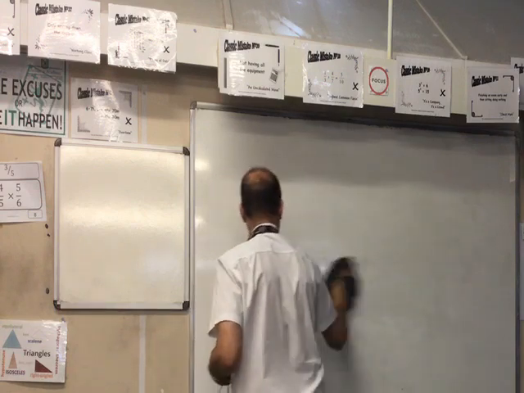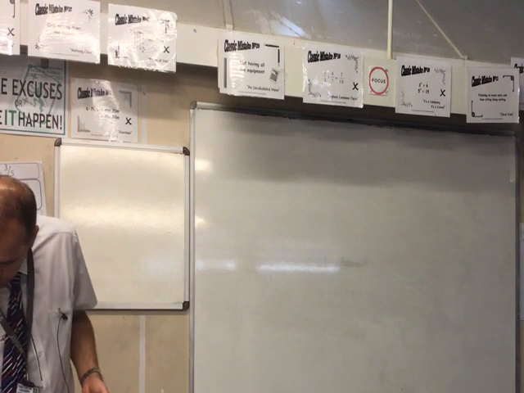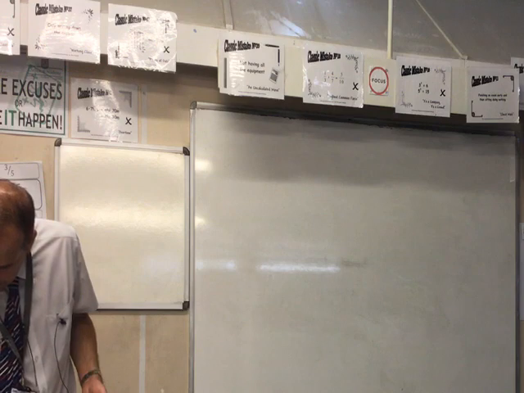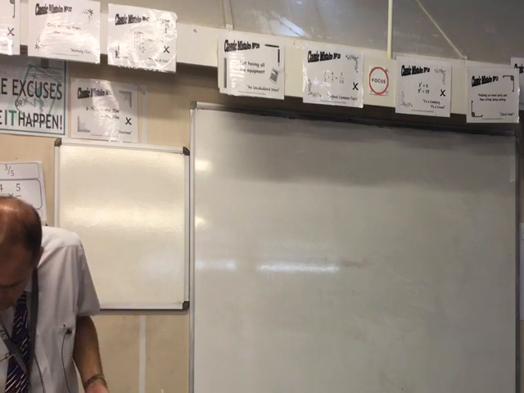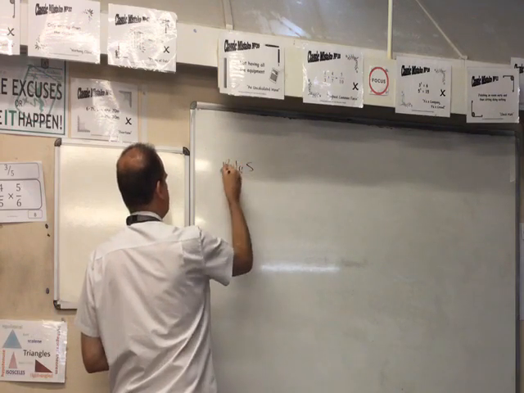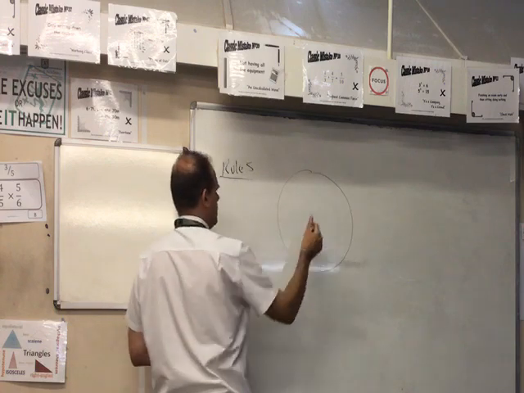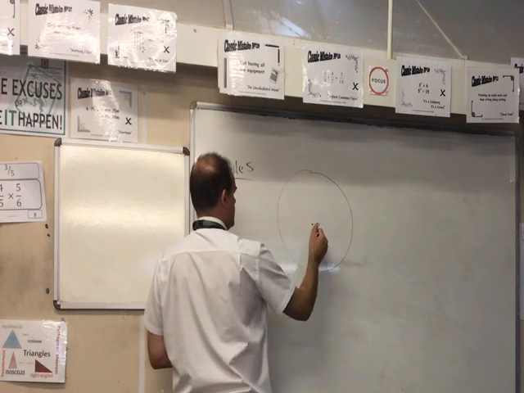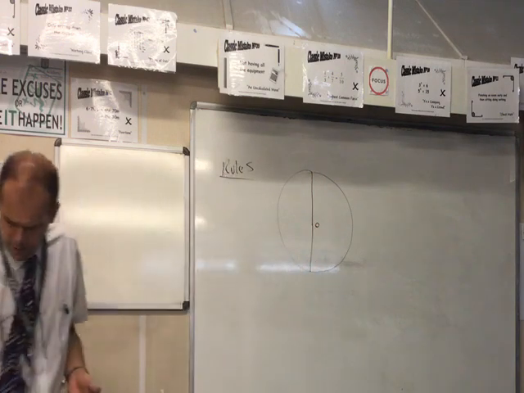Okay, rule number 5. A less familiar rule here. If you take a circle again, and there's the centre, so we're involving the centre here. That line there is a diameter.